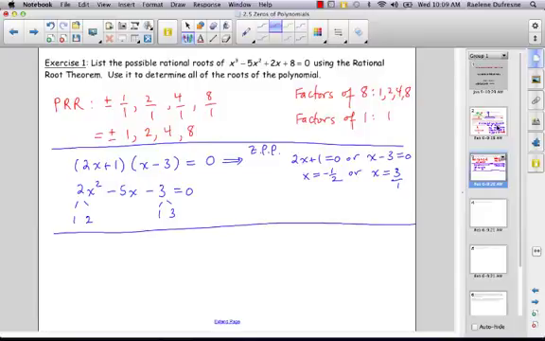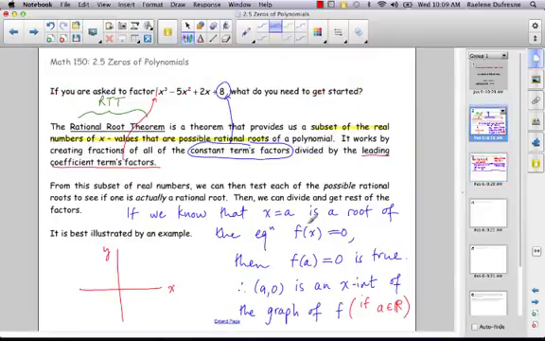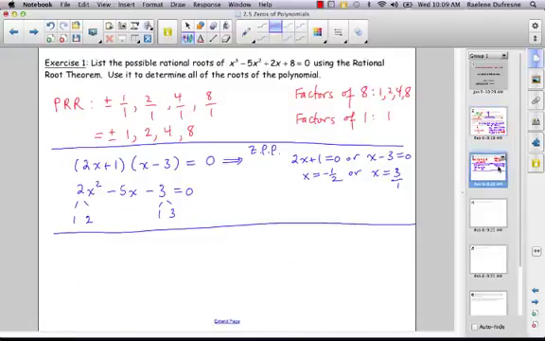Now recall on the previous slide, we said that if x equal to a is a root, then when we substitute the root into the equation it becomes true. So if any of these 8 possible roots, and they are rational roots because they're made up as ratios, are actually roots of the polynomial equation, then when we substitute that possible root value into the equation, it becomes true.